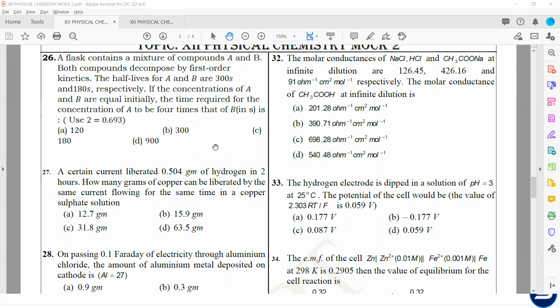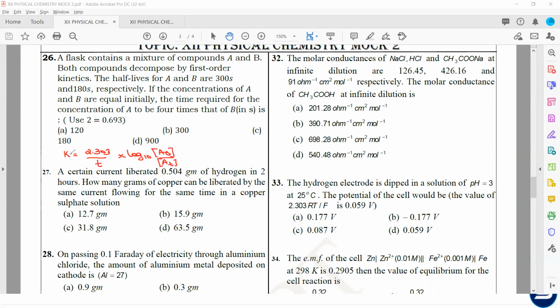And if this method doesn't work, what is the alternate method? First order kinetics means you can use the k expression: k equals 2.303 by the time t into log to the base 10 of a naught by at.